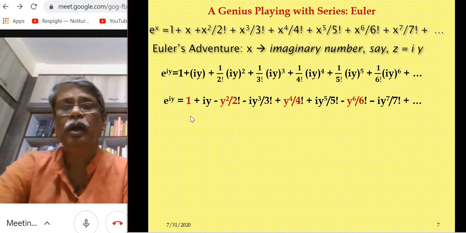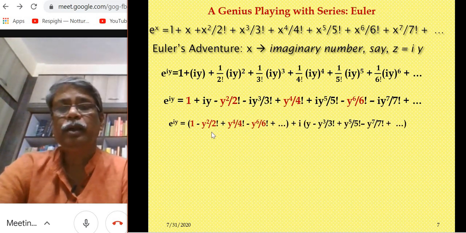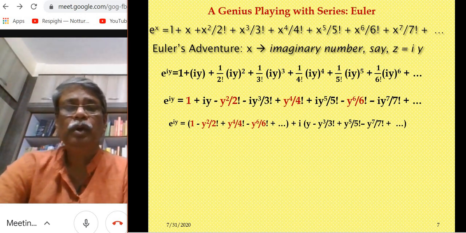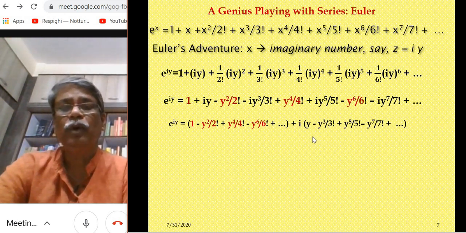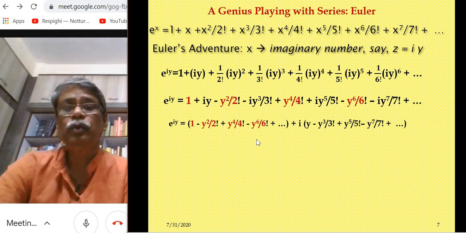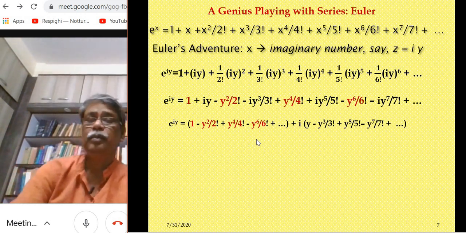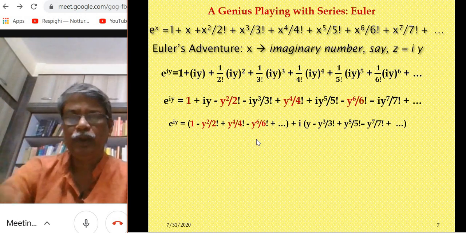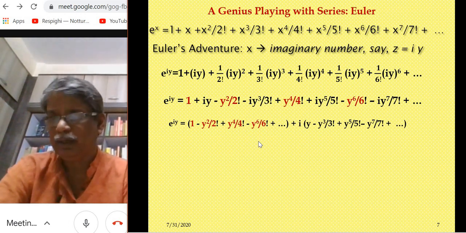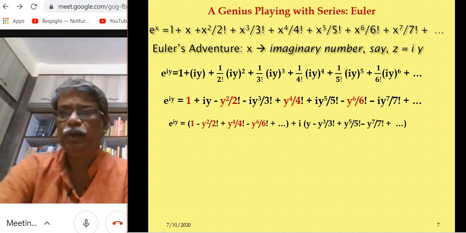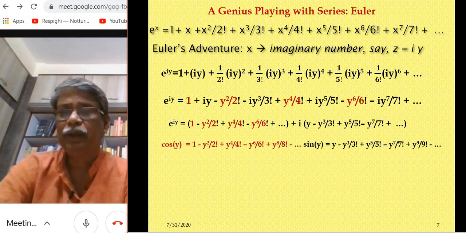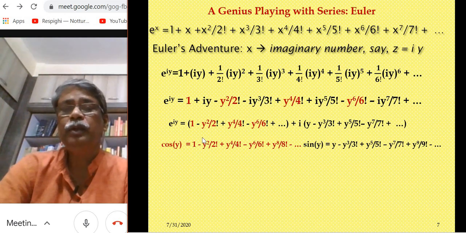And deliberately I have used two different colors. You see the red ones without having i, and the black ones having i, plus or minus. So what next Euler did, he grouped these total terms in two groups, the red ones and the black ones, i taking common. At that time it was not quite known to them whether you can group from an infinite series in this way or not, but Euler did it with his high level of intuition, and that clicked.